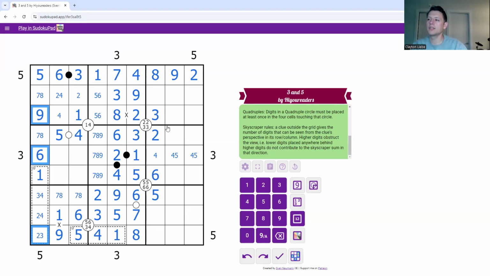Maybe I don't even need to be putting this much thought into it just yet. 9 is in one of two positions. I'm just looking at some of the digits we have and thinking about what can go where.